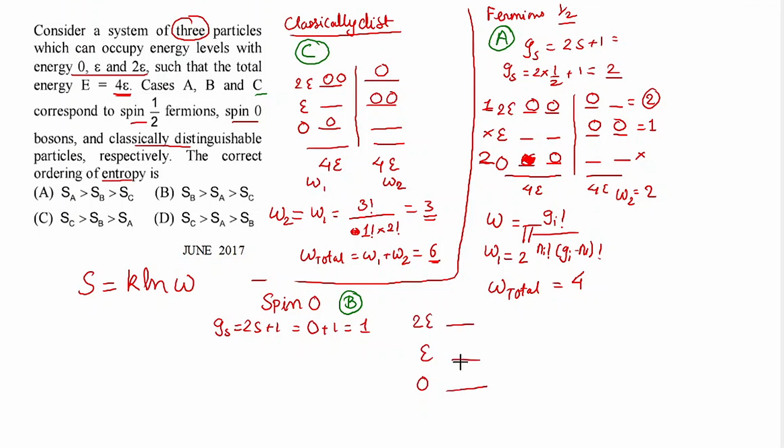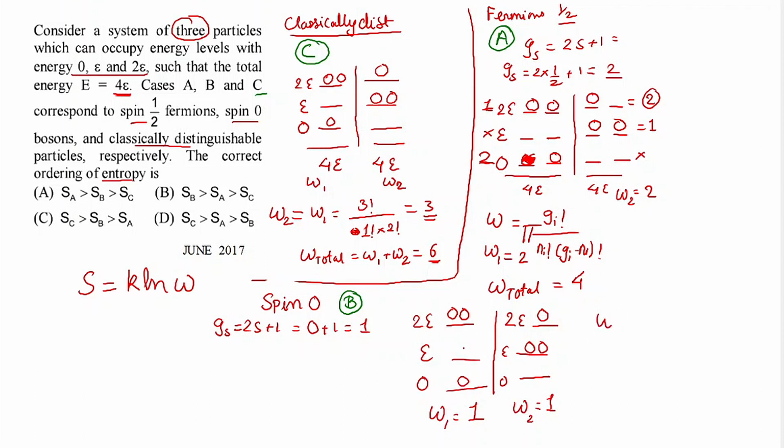We have one particle over here and 2 particles over here. This will be one way, and we can place one particle over here and 2 particles over here. So this is the second way of distributing. As these are non-degenerate, the thermodynamic probability W1 will be 1, and W2 will also be 1, because the energy levels are non-degenerate and this is the only one way we could distribute it.